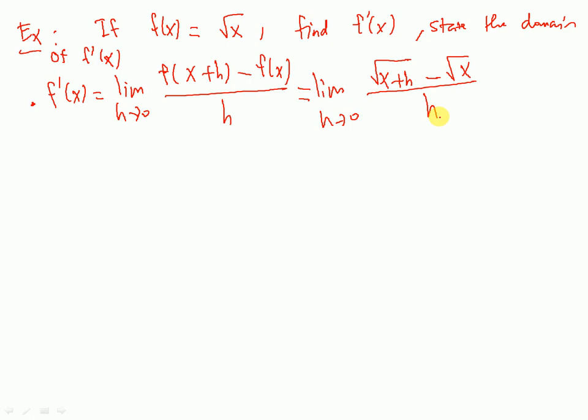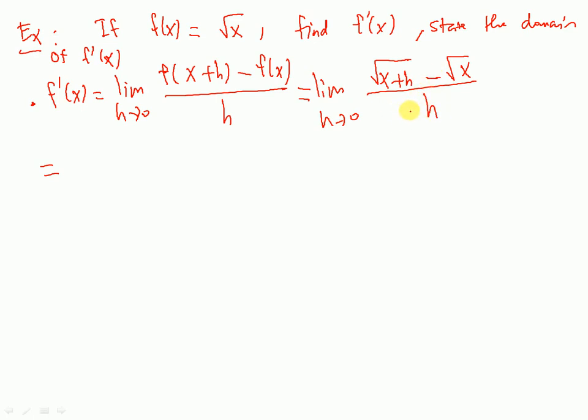Okay, now the question is, how do we simplify this in order to cancel the h at the bottom, so that we are not dividing by 0 when we plug in h equal to 0 to this limit?